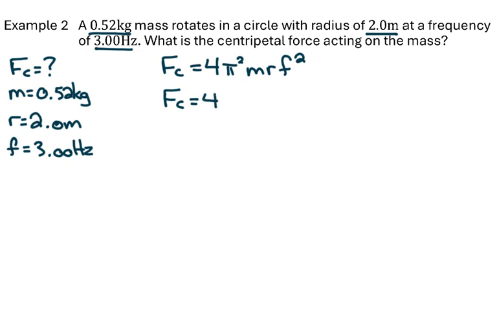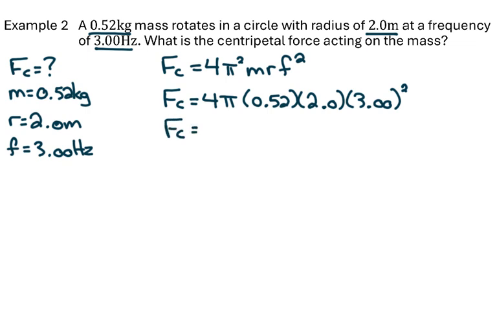Substituting in, 4 is 4, pi is pi, m is 0.52, r is 2.0, f is 3.00, and that is squared. Oh, I missed the squared on that pi. Only thing I'm going to do in this step is actually do the 3.00 squared at the end of that, which is 9.